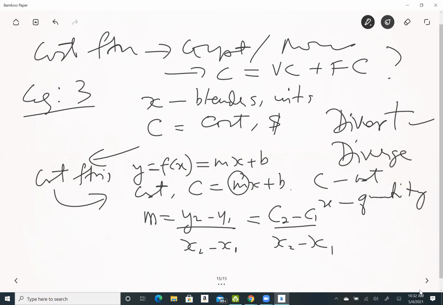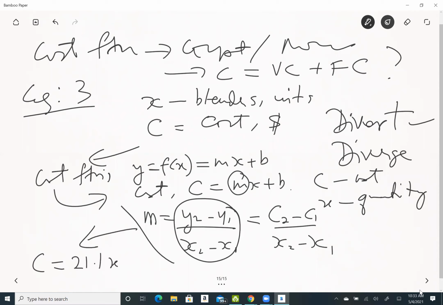Now, one problem with some of you: you find the function in terms of y1 and x1, and then suddenly you have the cost equal to, say, 20.1x plus 200. You have everything in terms of y and x, and then when you write the cost function, you just do it like that.